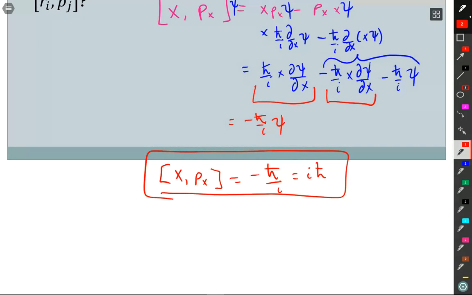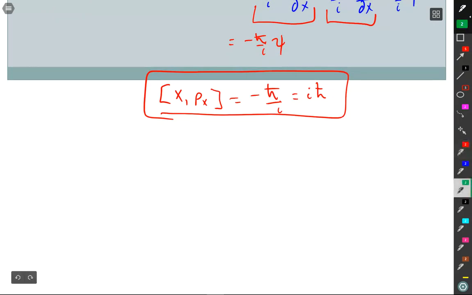And if we did y and p sub y, what do you think we'd get? Still i h-bar. It'd still be the same thing, right? And so we don't have to do y p sub y or z p sub z because they're going to be the same. But then we have to do x p sub y.